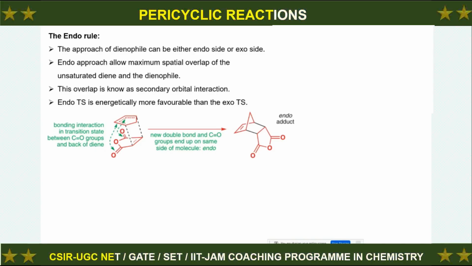So this is one more extra step: the secondary orbital interactions between a dienophile and a diene, which favor the endo product in a transition state. Okay. Actually, the exo adduct is the thermodynamically stable product, but why is endo forming? Because the kinetically stable endo transition state is formed because of the secondary orbital interactions.